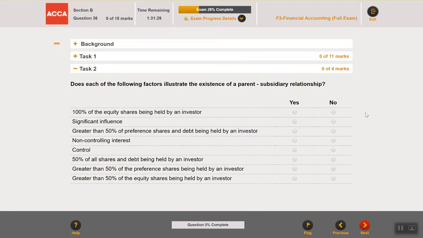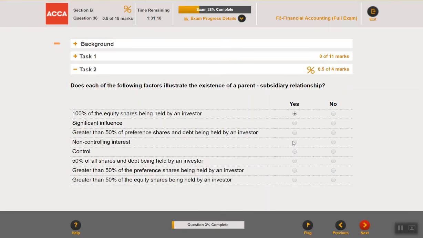Does each of the following factors illustrate existence of a parent-subsidiary relationship? Okay, 100% of the equity shares held by an investor, yes. More than 50% means control, which means subsidiary. Significant influence, no. Significant influence exists in an associate. Greater than 50% of preference shares and debts, preference shares do not give control, so no subsidiary.